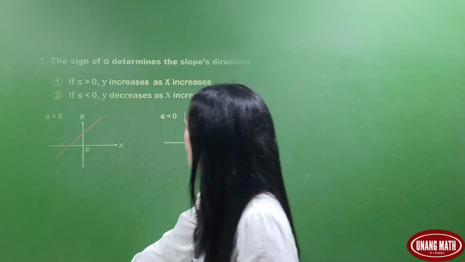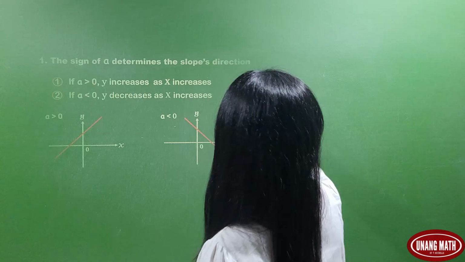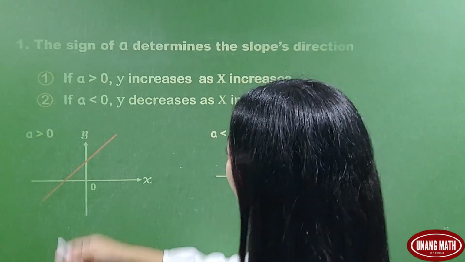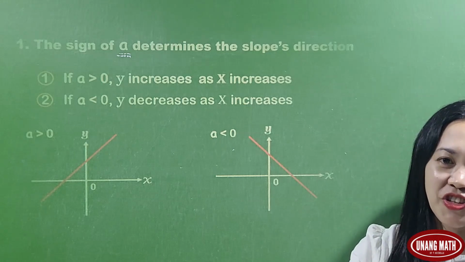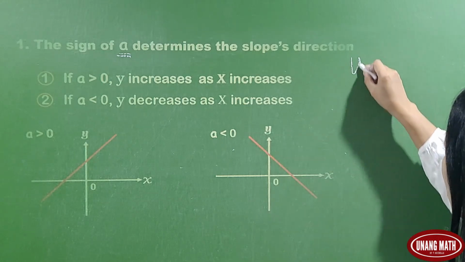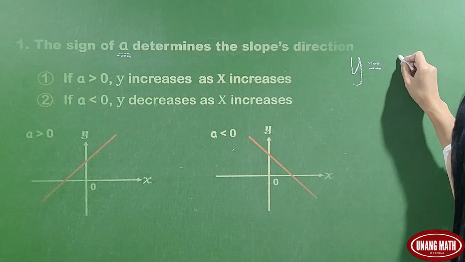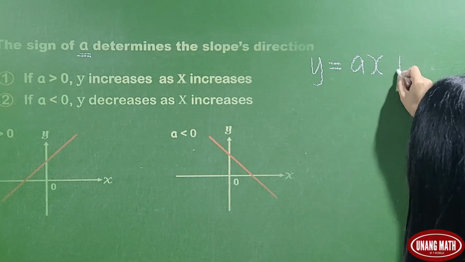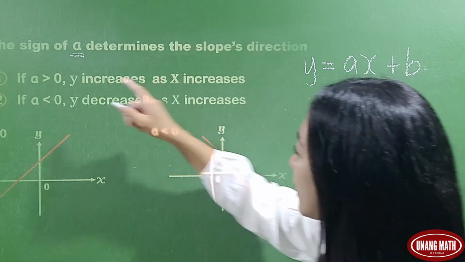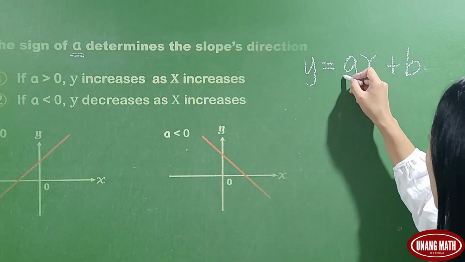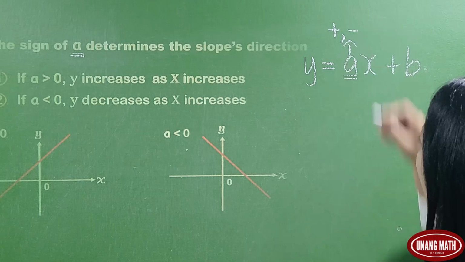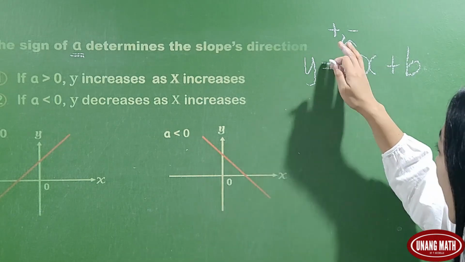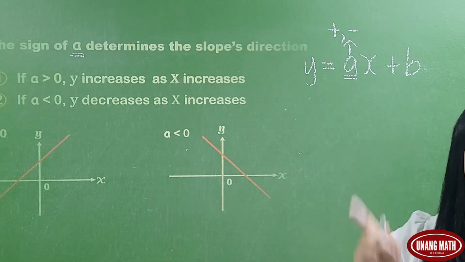Okay, let's start with the first characteristic. The sign of A determines the slope's direction. In this linear function, y is equal to ax plus b, the sign of A, which means it can be positive or negative, determines the slope's direction.